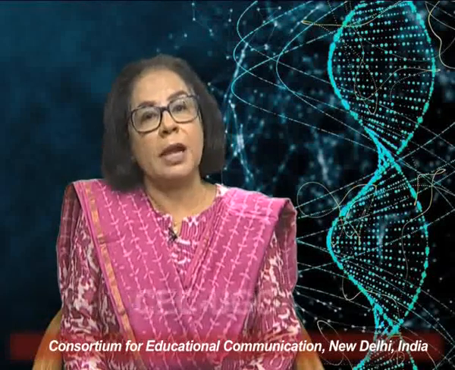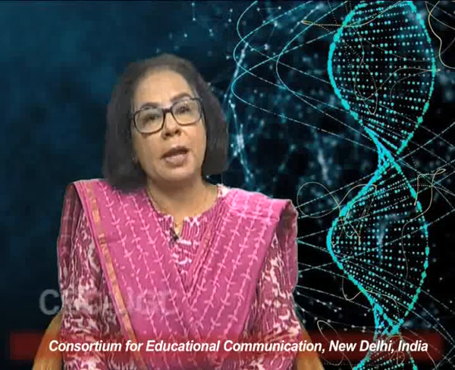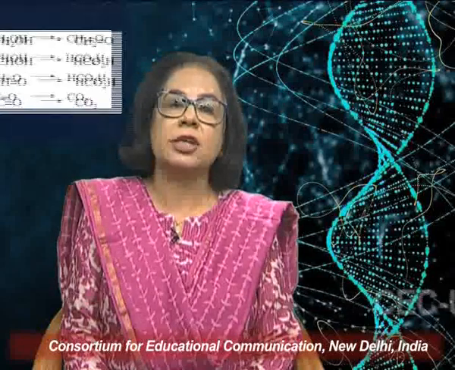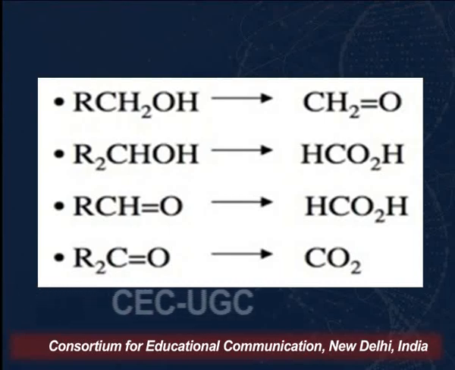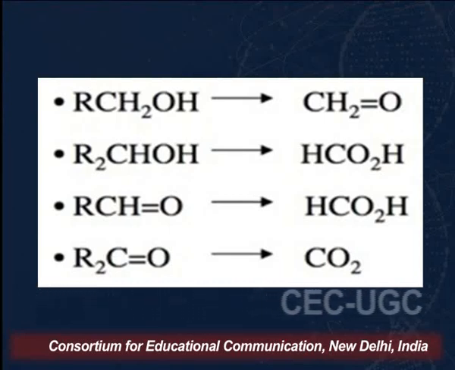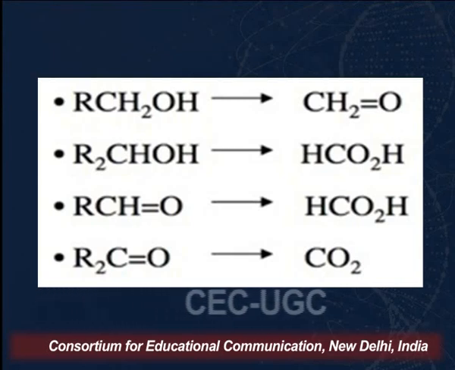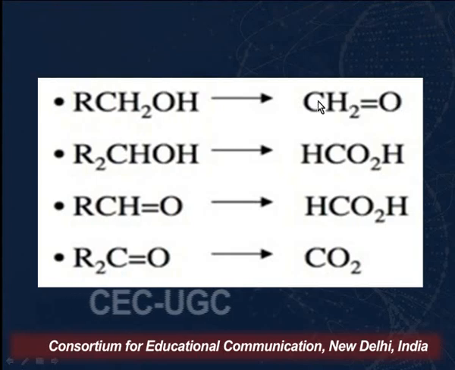Now, depending on the nature of the fragment, carbonyl products are formed, and the nature of the fragment will depend upon the substituents attached to the carbons which contain the hydroxyl groups. So in general, you have to remember and summarize this: if it is a primary hydroxyl group, that is, if the hydroxyl group is attached to a carbon at the terminal, then it will be converted into an aldehyde, that is formaldehyde.